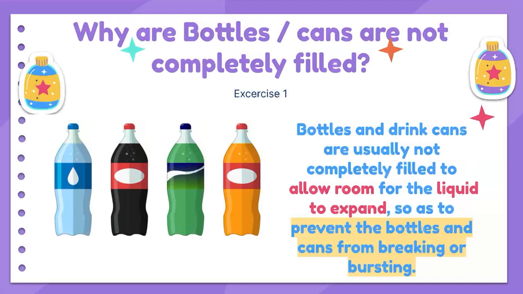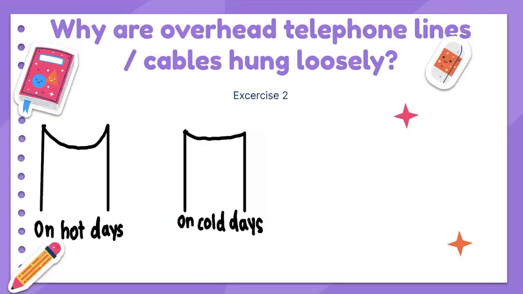And we have spoken about the expansion or contraction as well. In this case it's expansion. And the highlighted part is unique to each question, and for this question is to prevent the bottles and cans from breaking or bursting, because if there's too much liquid then the can will break or burst. Let's move on to the next question.